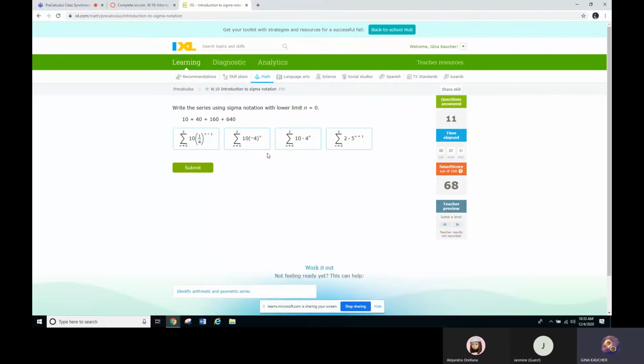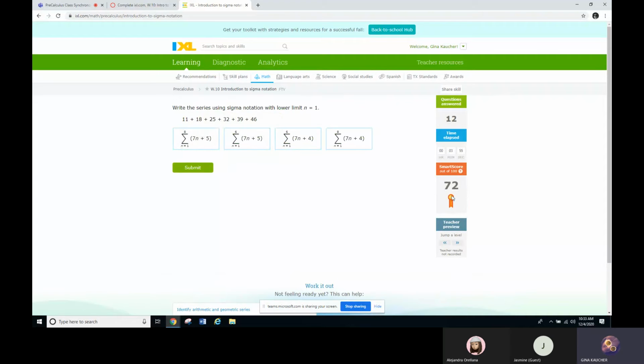Okay, so it's between these two. The 0 in here is 1 times 10 is 10. 0 in here, 1 times 10 is 10, so it's one of these two. Okay, when you put 1 in here, 10 times 4 is 40. Put 1 in here, you would get 10 times negative 4 is negative 40, so it has to be this one.